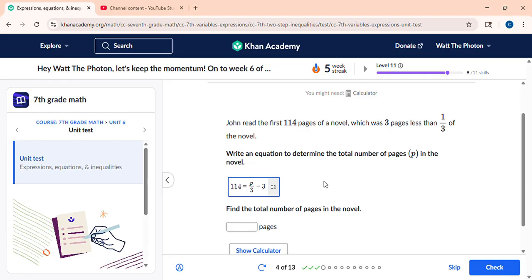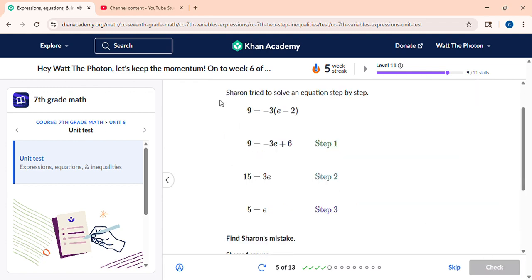One-third of a novel minus 3. Total number of pages, so that's 117 times 3, 351. 351 divided by 3 minus 3 gives 115. There we go.